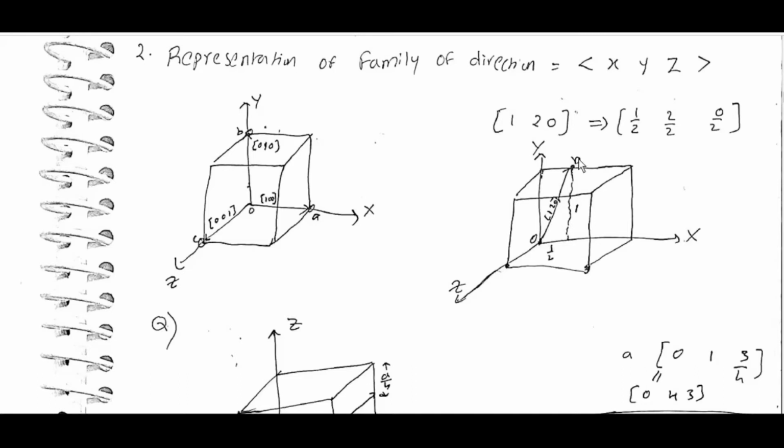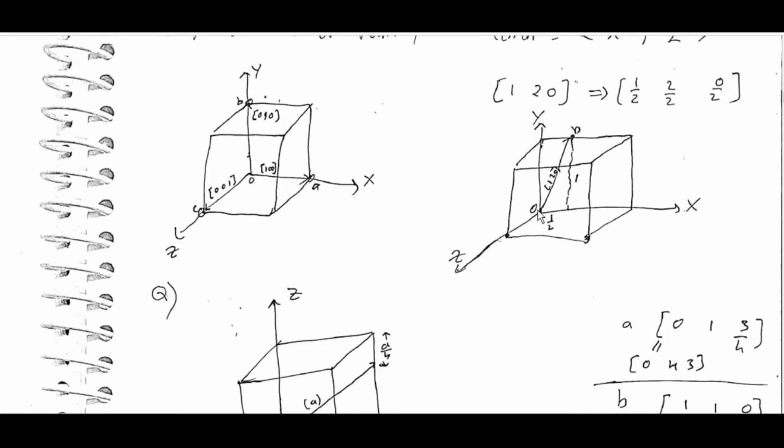If it is represented like 120, then 0 on the z axis, x axis half, y axis 1. Draw a line.